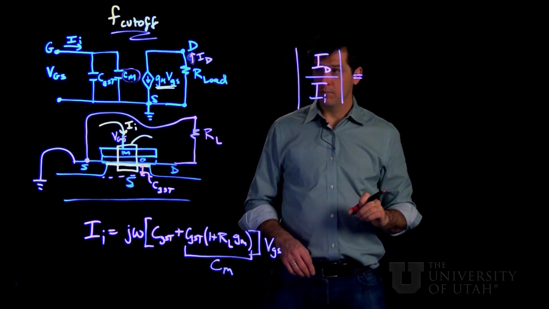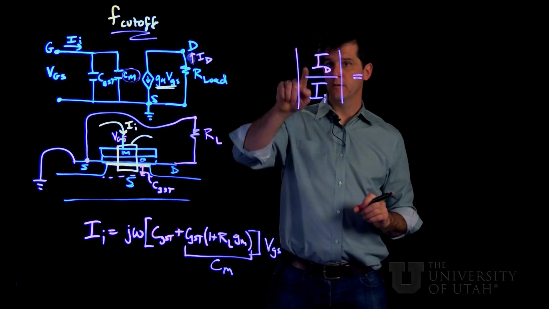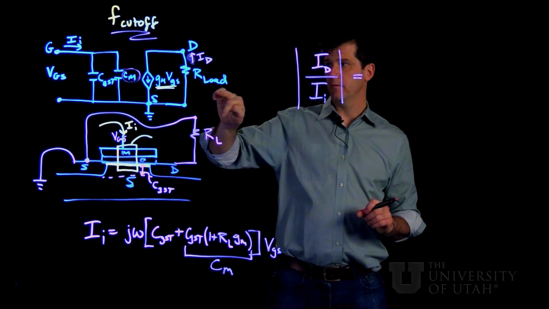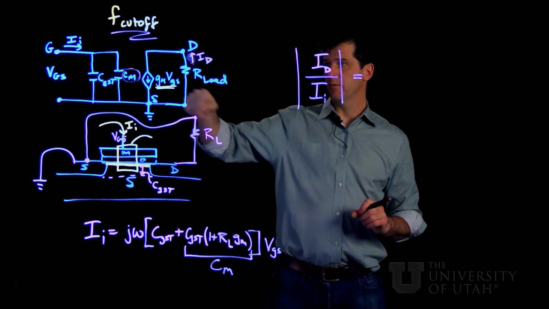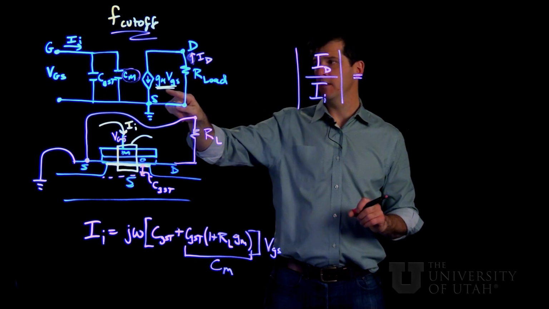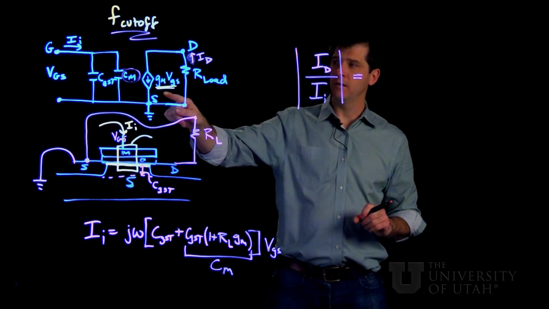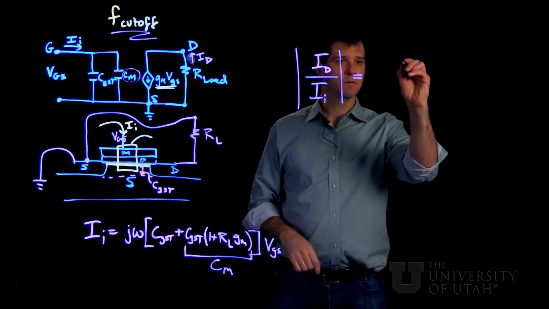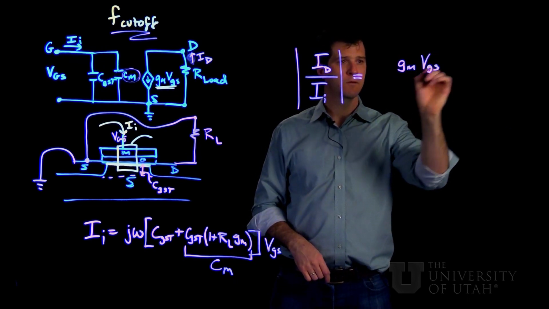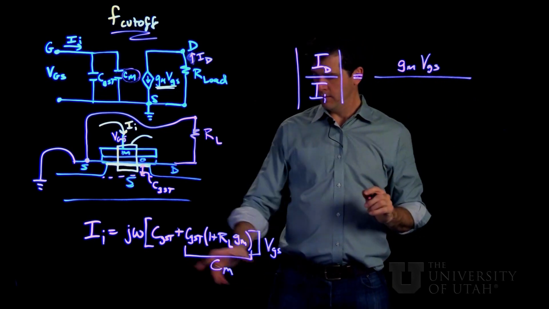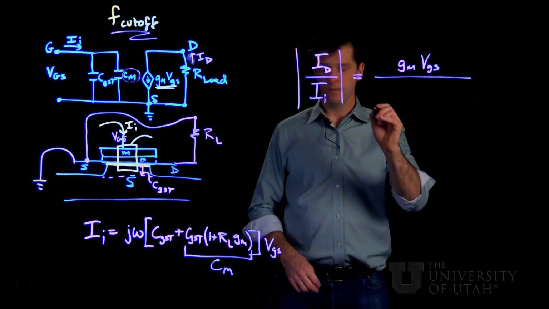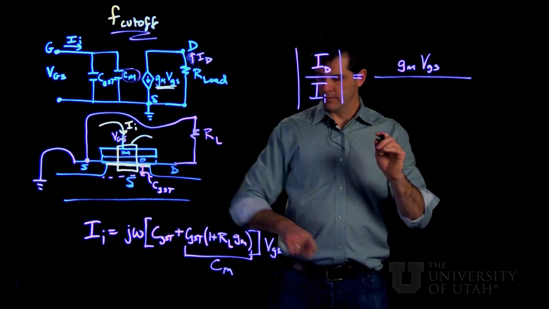And the ideal current that's flowing through the load is the same current that's flowing through this loop, and thus it's given by the transconductance times V gate source. And then the current that's going into the charging of the gate is expressed here.